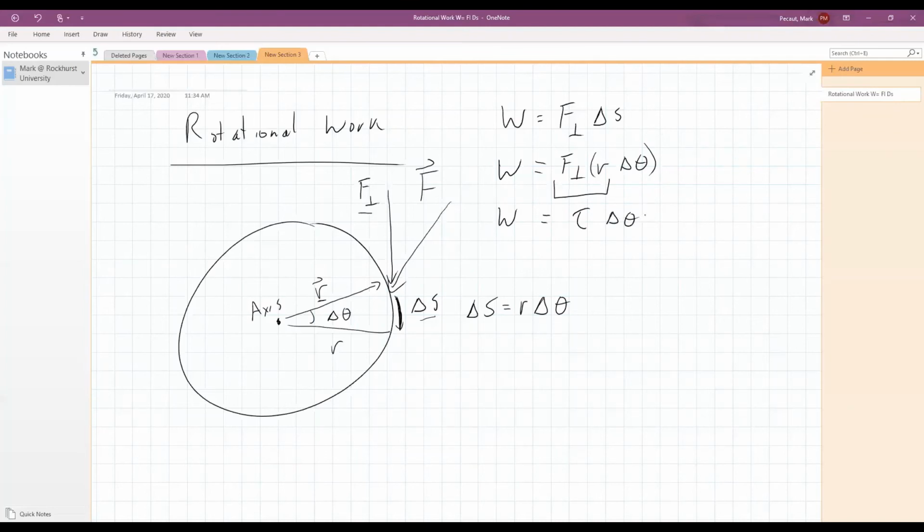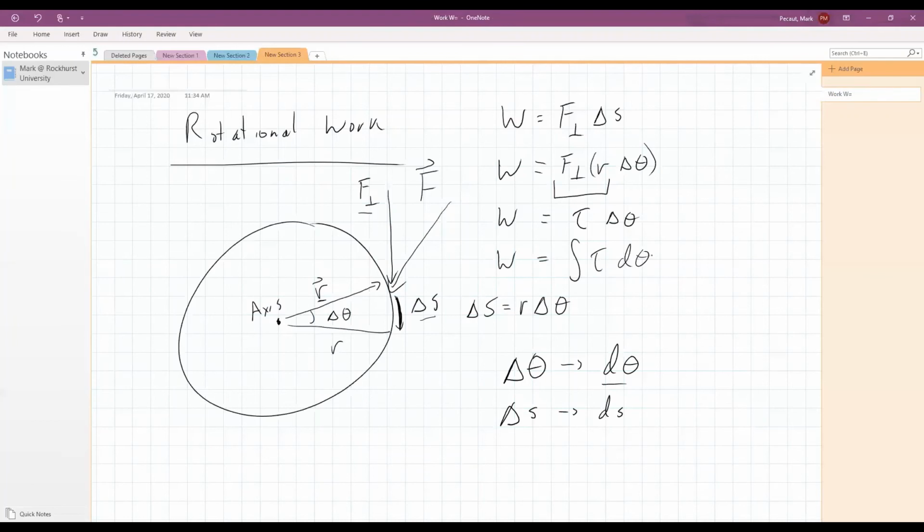Okay. Now, if I shrink these deltas into really tiny, infinitesimally small angles, then this is going to become differentials. That's what these differentials represent, really, really tiny amounts of that quantity. So a tiny d theta is going to be a tiny, tiny angle, and this delta S is going to become a tiny displacement. And so if I want to do the version of this where the torque might change, then I'm going to do an integral of torque d theta here, okay?